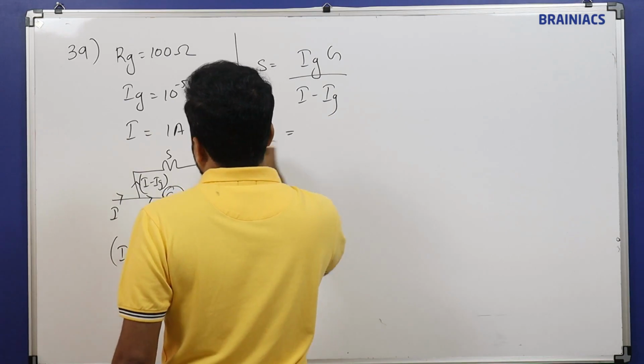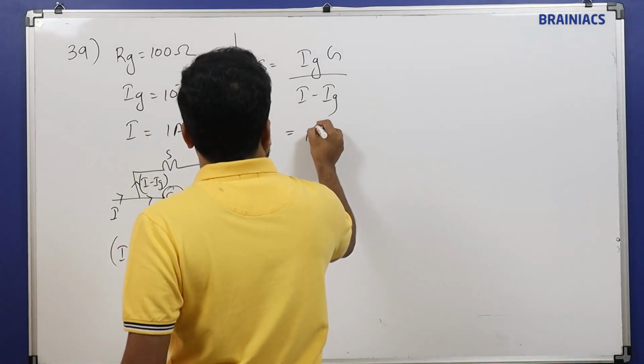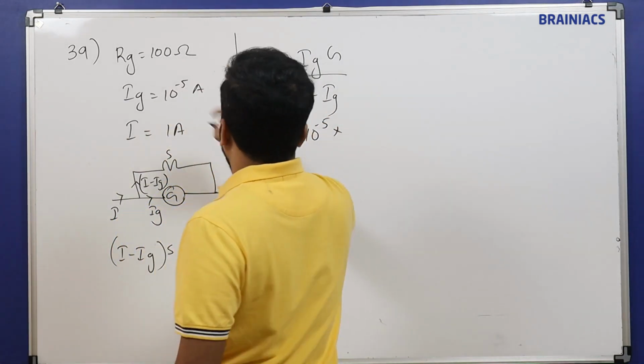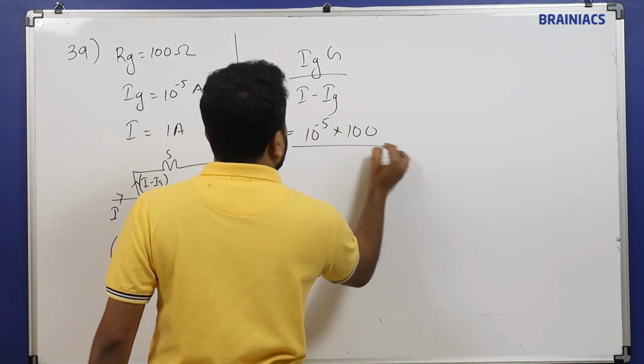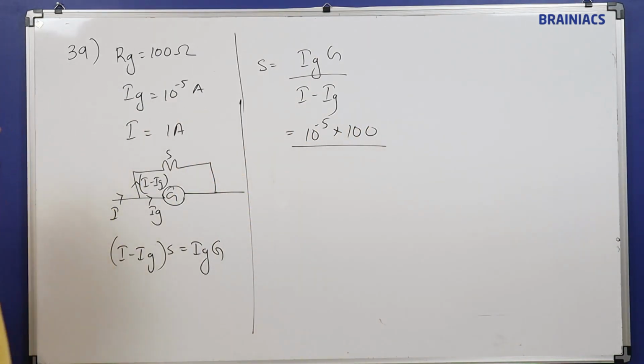What is Ig? Galvanometer current is 10 power minus 5. Galvanometer resistance is 100, divided by I minus Ig.